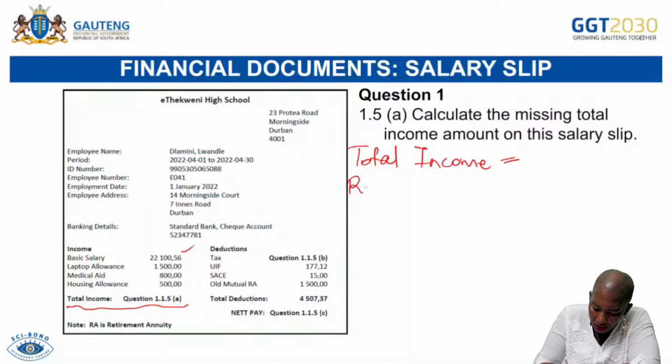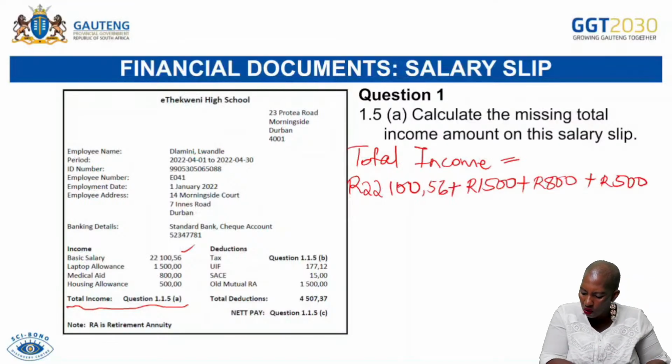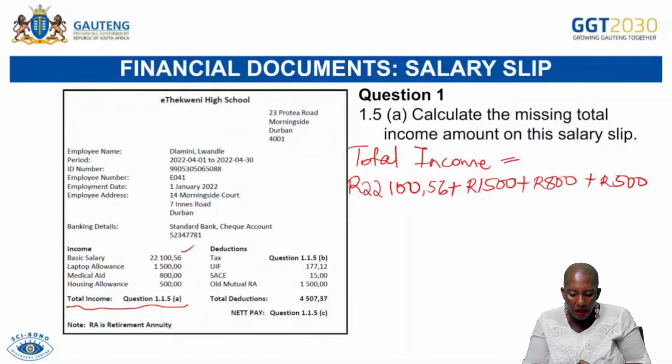How much is that basic salary? 22,156 plus 1,500 for laptop allowance plus 800 rand plus 500 rand. So let's quickly use our calculator.